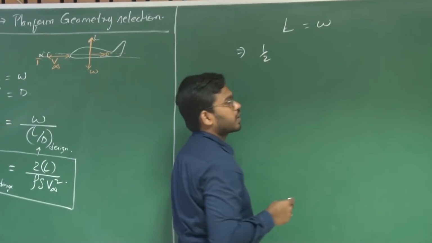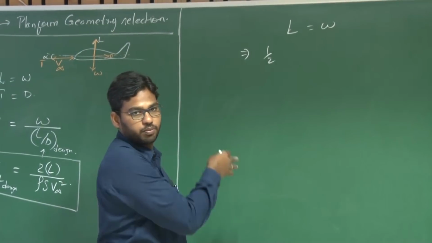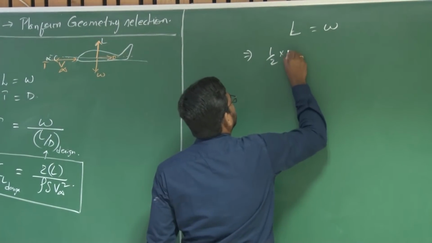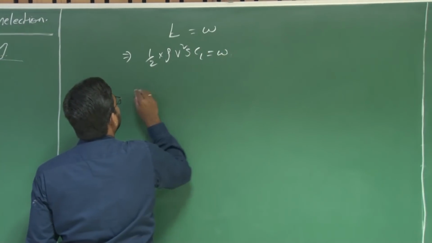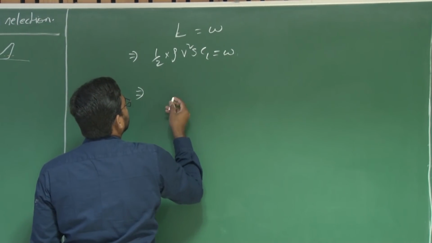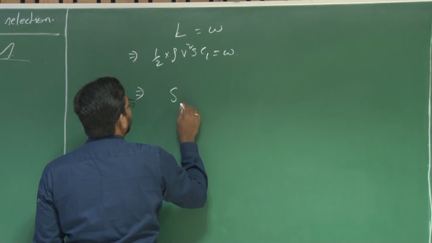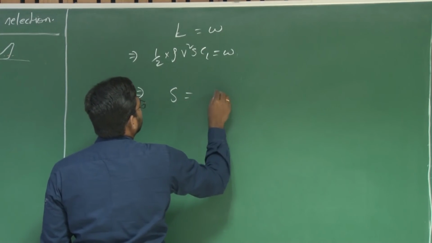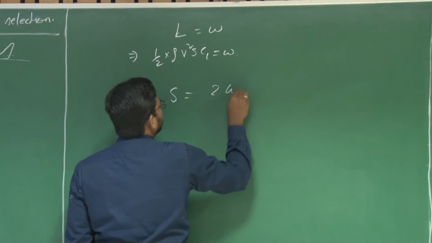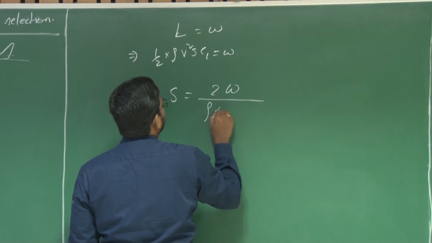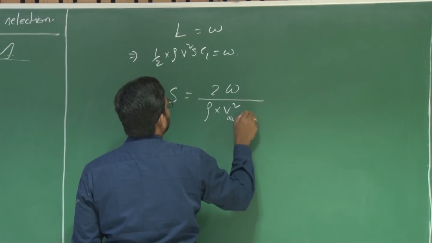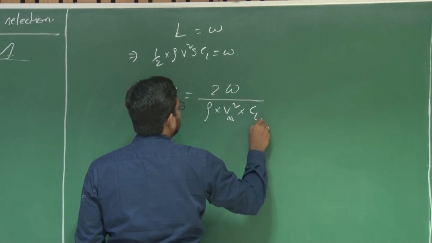Let us try to see whether we can get that answer from this approach or not. So half rho V square S into CL is equal to W. So S is equal to 2 times the weight of the UAV divided by density into V infinity square into CL design.